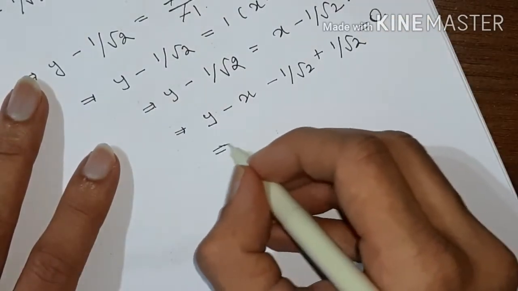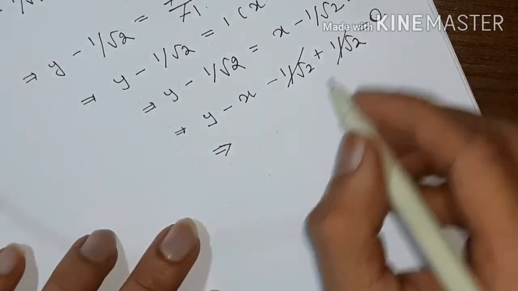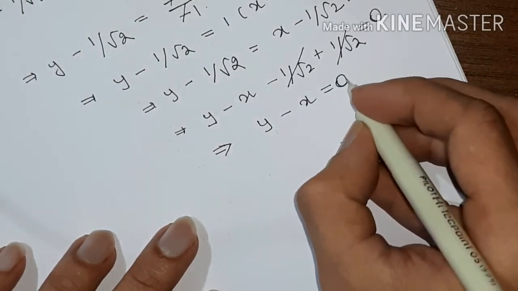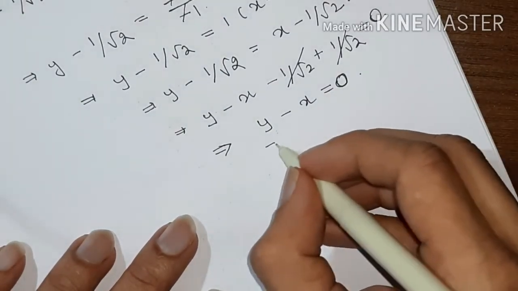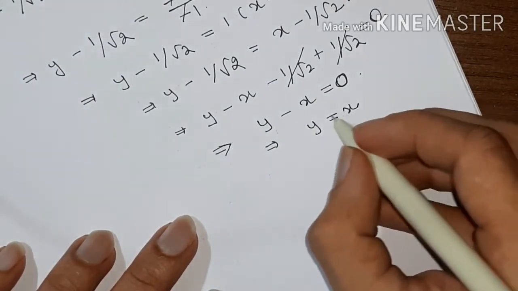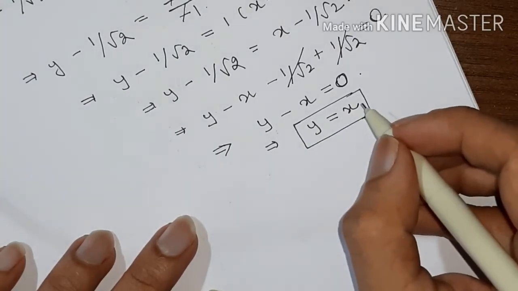So minus 1 by root 2 plus 1 by root 2 will get cancelled. You will get y minus x equal to 0, and again if you take x on this side, you will get y equal to x. So this is the equation of the normal.